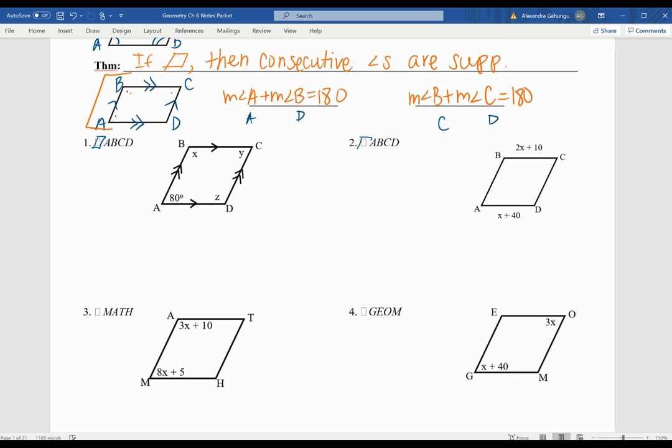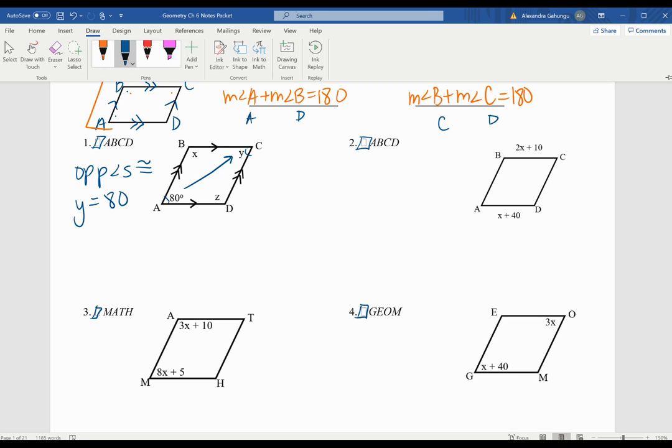These should all be parallelogram symbols here, because these are parallelograms. And so for the first example, we've got 80 degrees. Angle A is 80. And so our opposite angles are congruent. So Y is also 80 because it's across. It's opposite angle A. Then we look at 80 and how it will relate to probably X here.